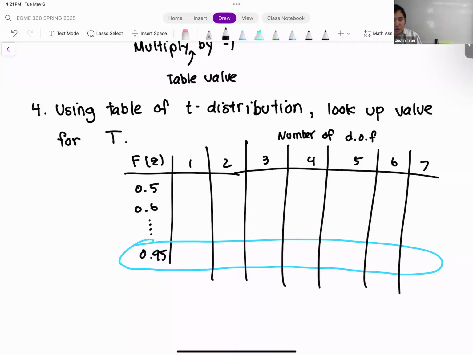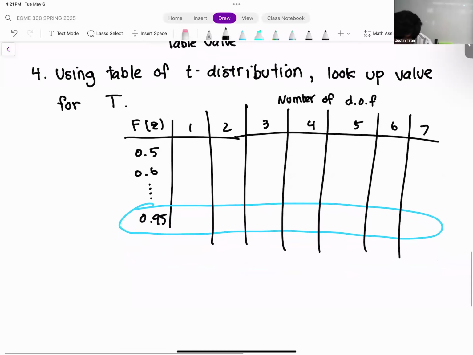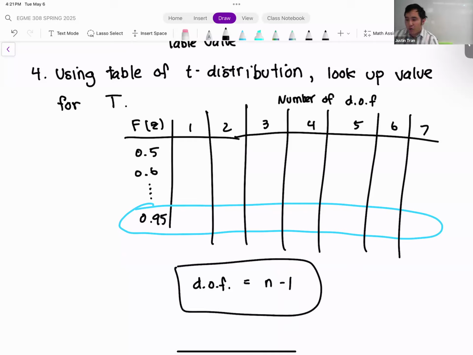Okay. And remember, the degrees of freedom depend on how many samples you used. Whatever the number of samples you use, you just subtract 1.